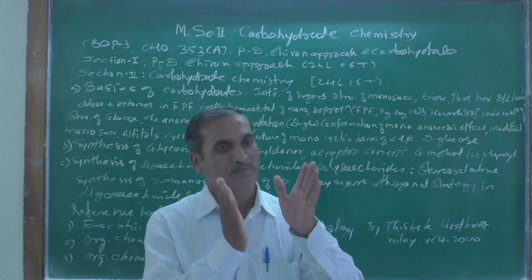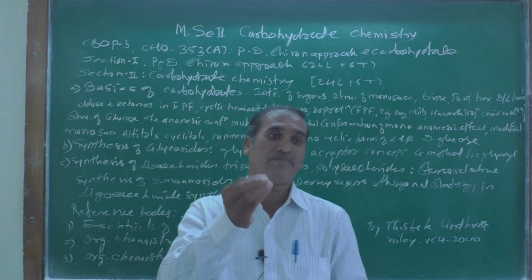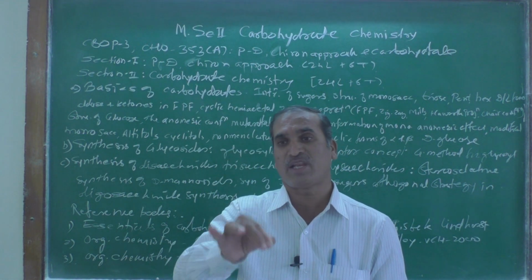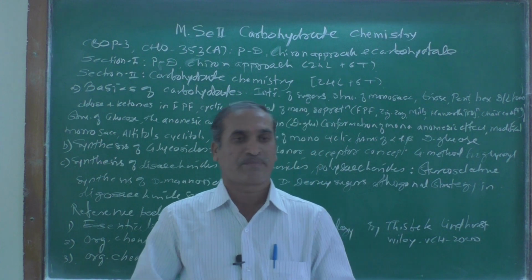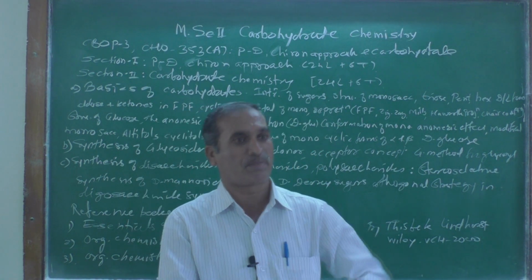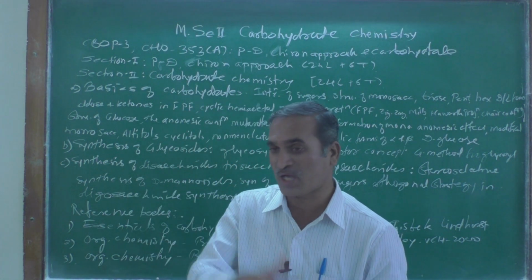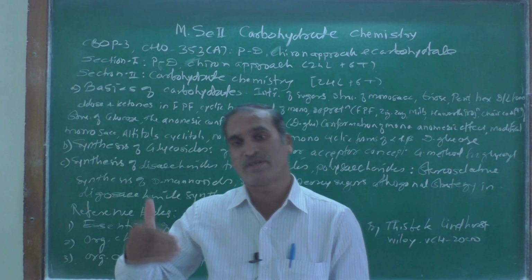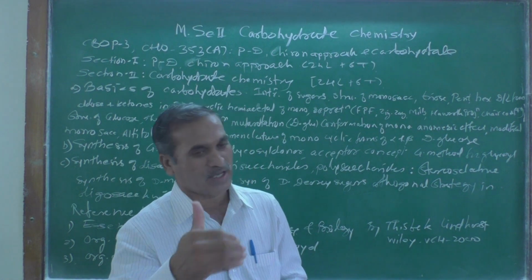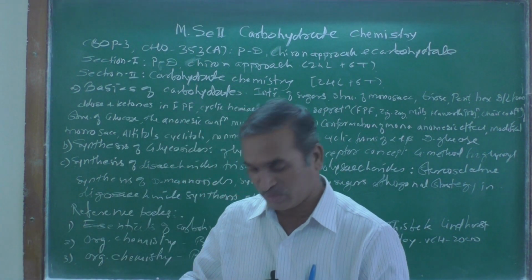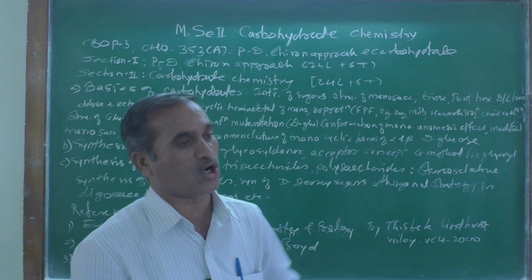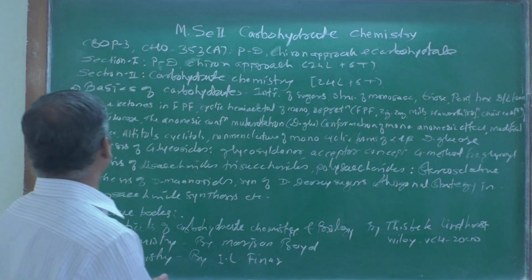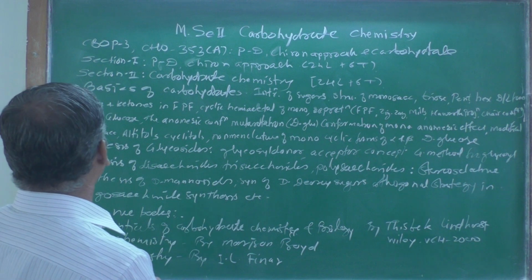So both are present. In addition, polyhydroxy means many hydroxy groups are attached to carbon atoms, at different carbon atoms, and therefore a polyhydroxy aldehyde or ketone is known as a carbohydrate. That is the simplest definition of a carbohydrate.